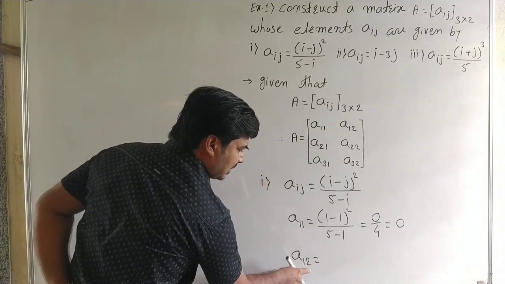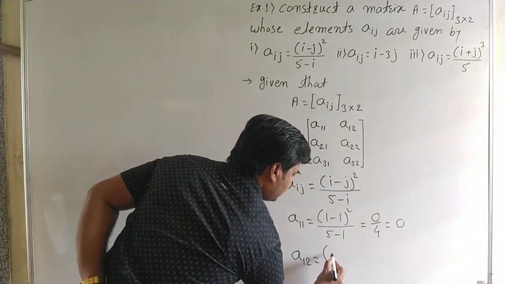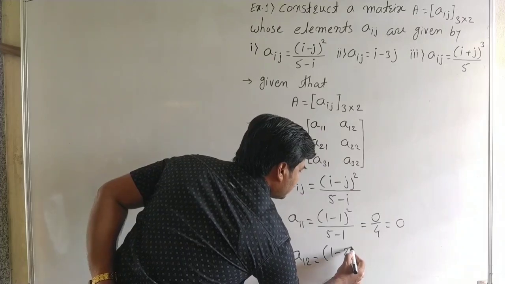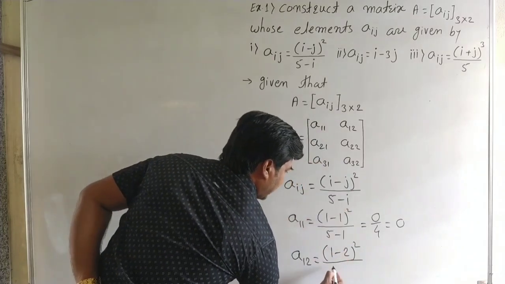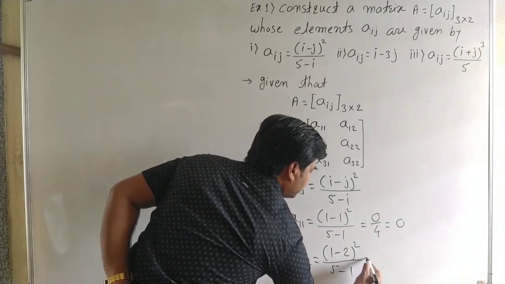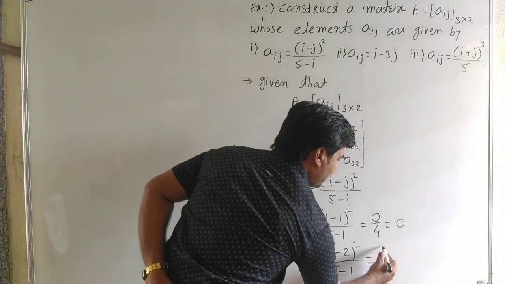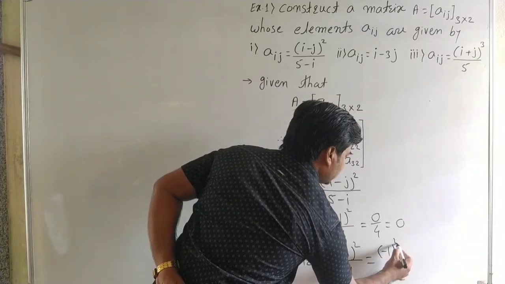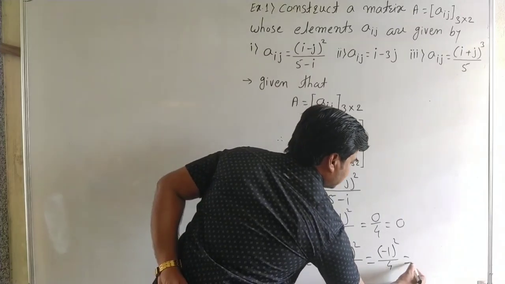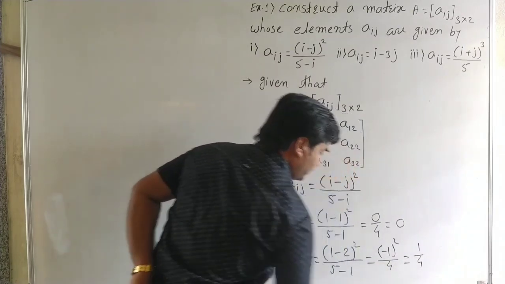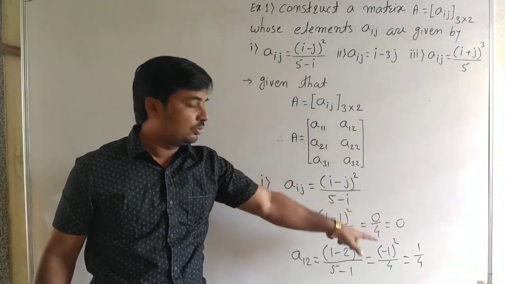Row i is 1 and j is 2. Then (i minus j) square, (1 minus 2) square upon 5 minus i, that means 5 minus 1. See carefully. Here 1 minus 2 is minus 1, square upon 4, and then it is 1 by 4. That means a11 is 0 and a12 is 1 by 4.